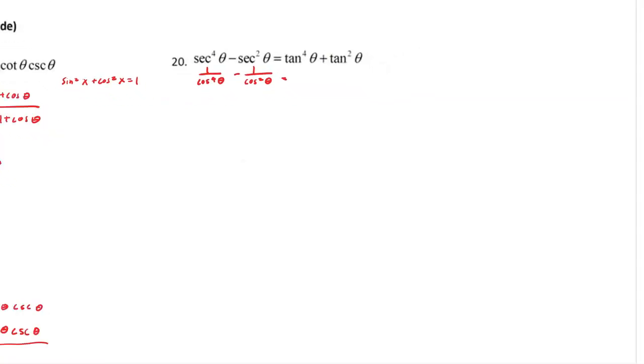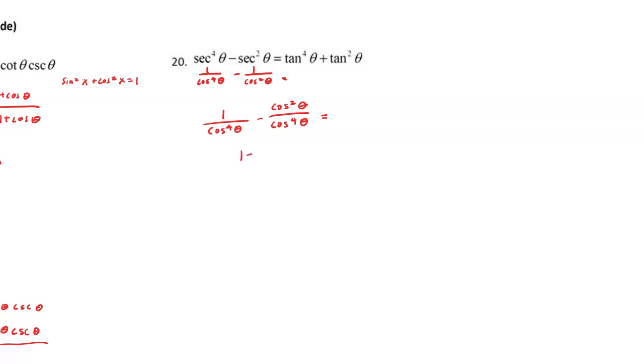Okay. And then after that, I'm going to find a common denominator. The common denominator is going to be cosine 4th theta. So it's 1 for that one, and cosine 4th theta, which means I just need to multiply top and bottom by cosine squared theta. Okay.